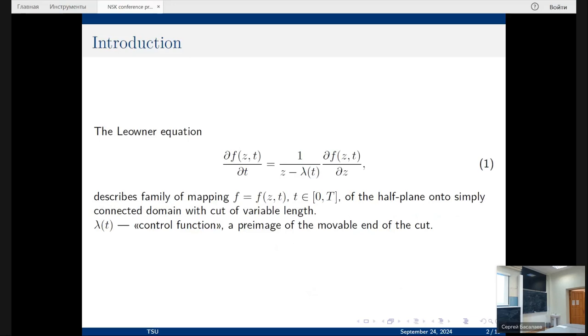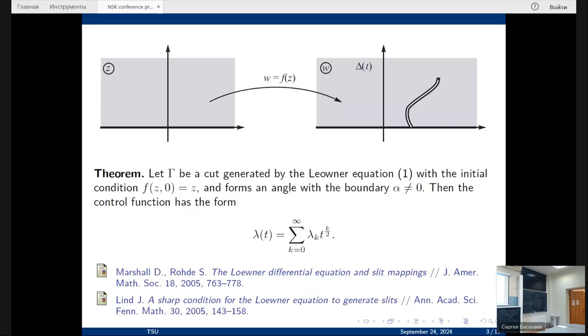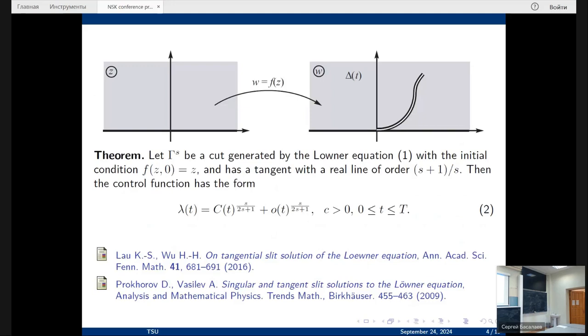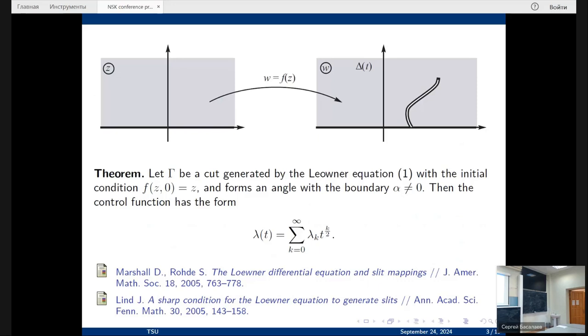Now we will talk a little bit about this control function. As you see in this theorem, if we have a cut generated by the Loewner equation and has an angle with the boundary, the angle doesn't equal 0.